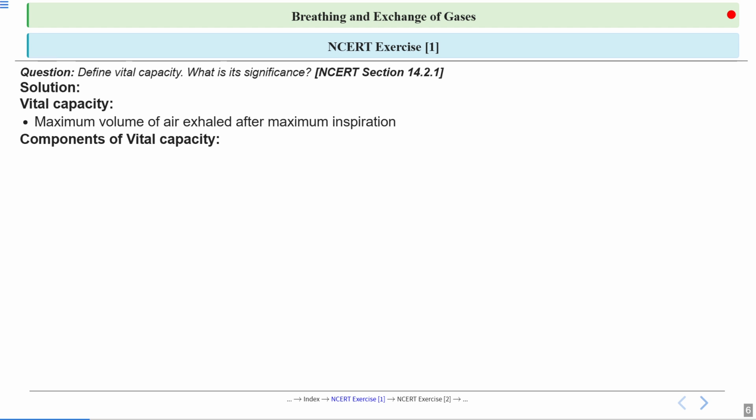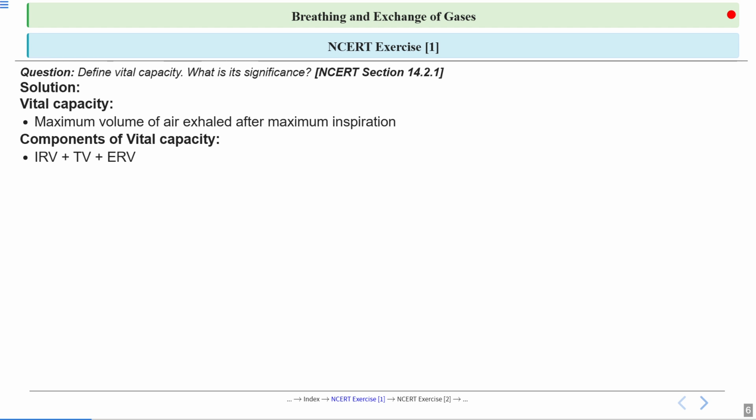So, components of the vital capacity. Let us see that. IRV, inspiratory reserve volume. TV, that is the tidal volume. And ERV, expiratory reserve volume. I hope you all know what the reserve volume is. So I'll again tell you what the inspiratory reserve volume is.